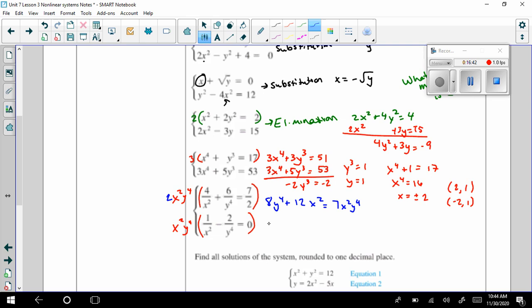And then y to the fourth minus 2x squared equals 0. And you could solve it from there. You already have your common denominators. An even easier way to do that.